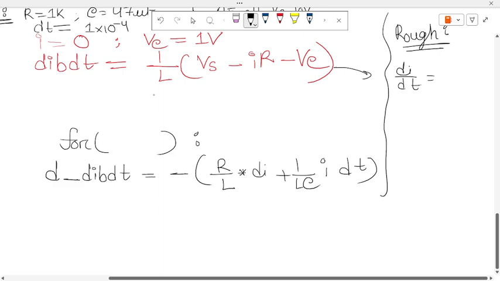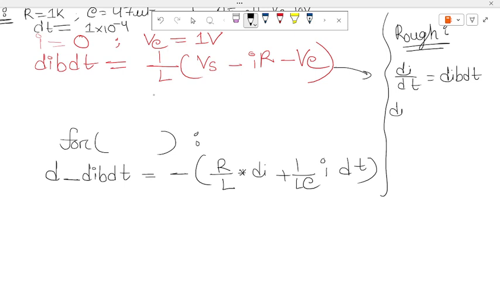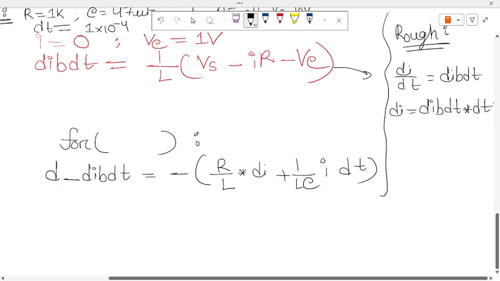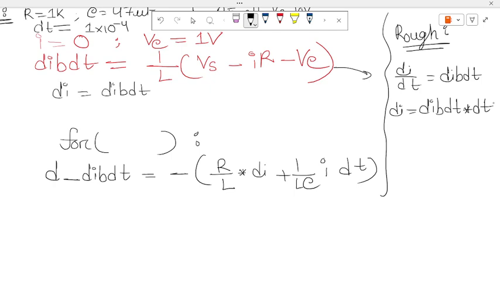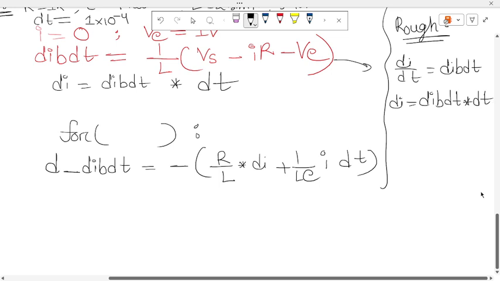I have made this as the di by dt variable, right? And so what is di? Initial di is di by dt into dt. So I need di, and di is equal to di by dt into dt. So I have found di, and yes, we have to update this di. We will do this inside this for loop, because di will not be the same for the rest of the steps.